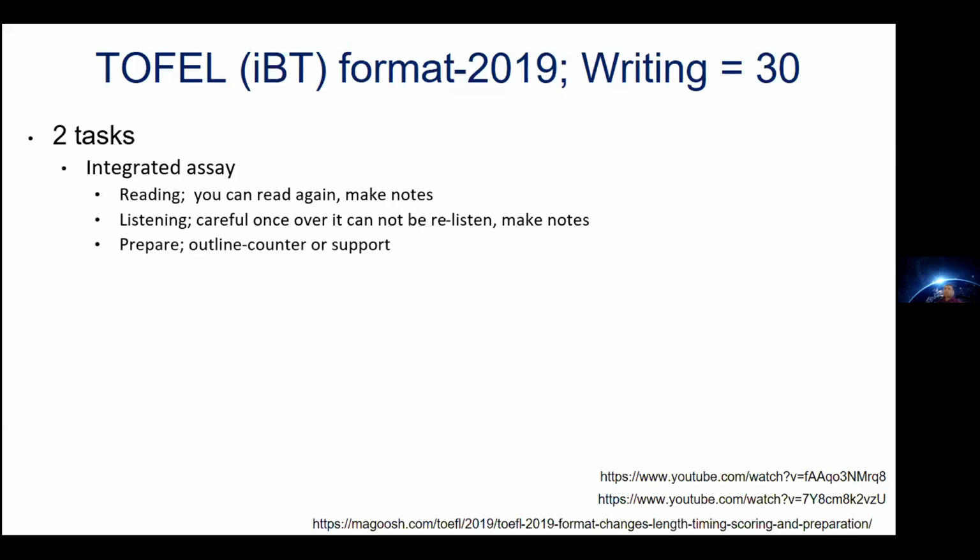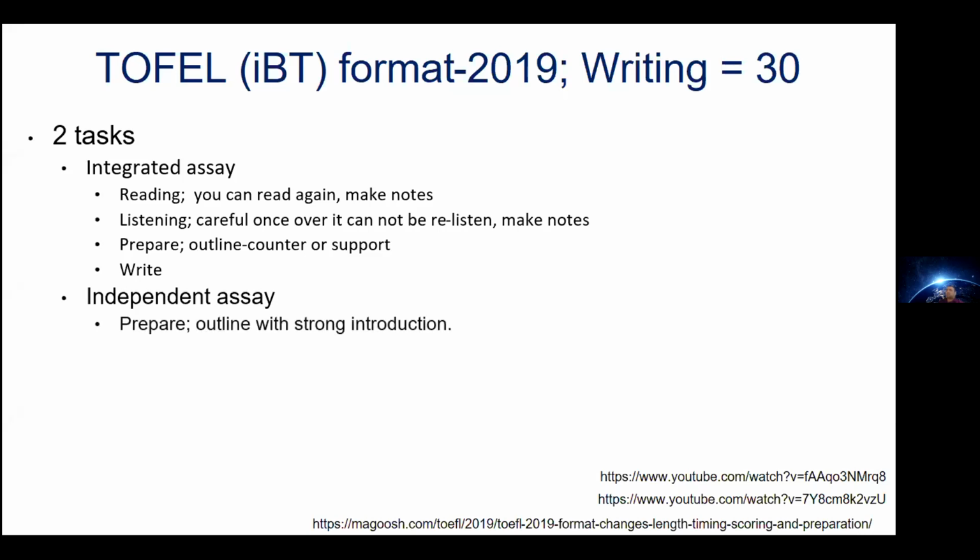After reading and listening, there would be some time, then you prepare your outline. Either you counter the arguments in the reading and the listening, or you support the arguments in the reading and listening, which is the task of this essay. Then you write, and there are important points: what you should write and what you should not write. So I would advise going through YouTube. You will get those tips for the writing. And then the second task would be the independent essay.